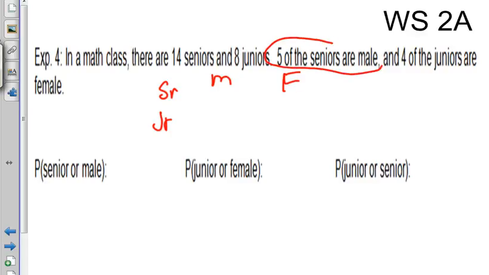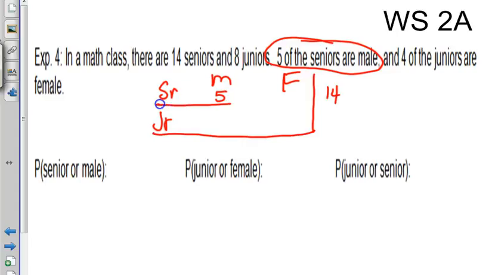5 seniors who are males. Seniors, male, 5. Okay, how many seniors are there altogether? 14 seniors altogether. So can we fill this in? 14 seniors total. Oh, my chart just got really bad. Okay, so 14 minus 5 is 9 here. Okay, 4 of the juniors are female. 4 junior females. So that's a total of 13 females.